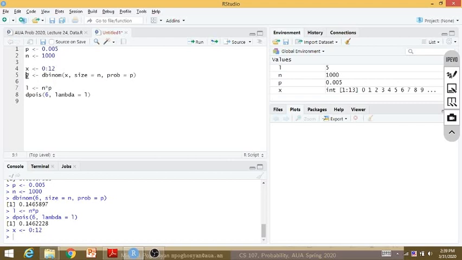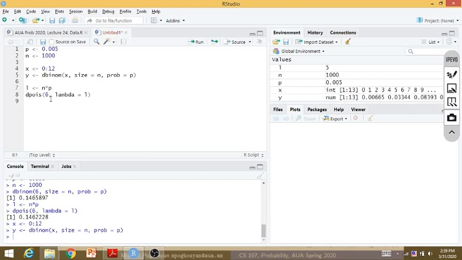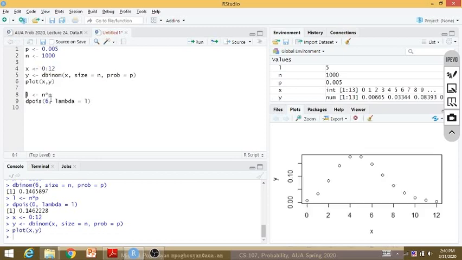I'm keeping that in the vector Y, and then I will plot the values of X, Y. So I'm running this, Control Enter. Next, I want to plot that, so plot X, Y. Okay, let me show that plot. Yeah, we have this kind of picture.